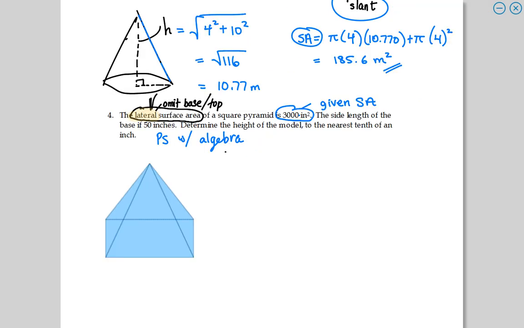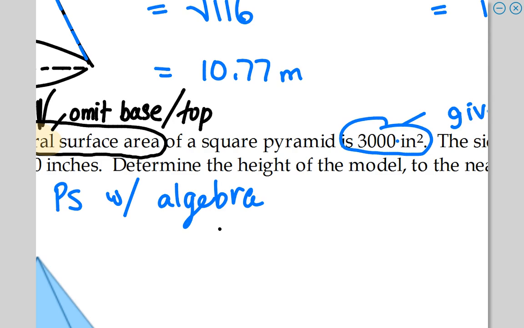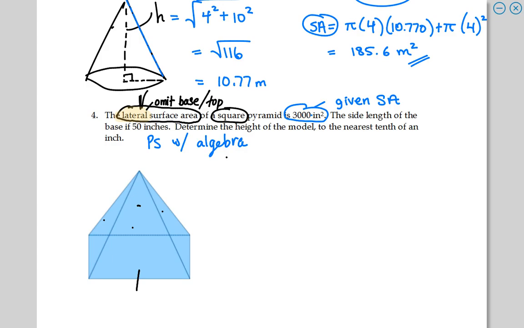So all we care about is these triangles here. And it doesn't look like it, but it's a square. So all these sides are the same. So what does that tell you about the four triangles? They're also all the same. Different than the one on the quiz. The quiz was a rectangle bottom.